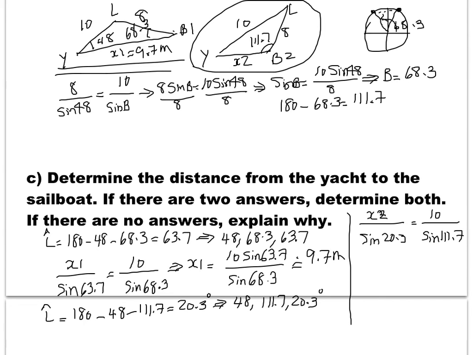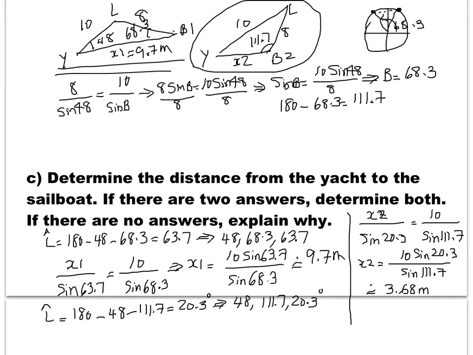If we cross multiply, we get that x2 is going to be equal to 10 sine 20.3 divided by sine 111.7 degrees, which is approximately 3.68 meters.